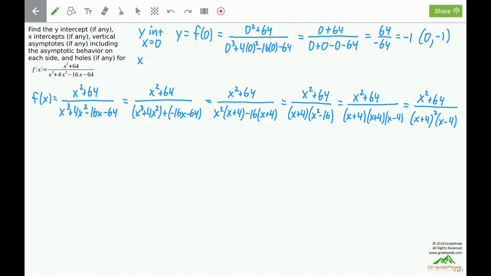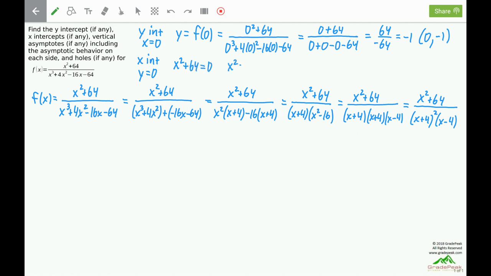The next thing to find is the x-intercepts, where the function crosses the x-axis, defined by y equals 0. These are found by taking the numerator in the fully factored canceled version of the function and setting it equal to 0. x squared plus 64 equals 0.